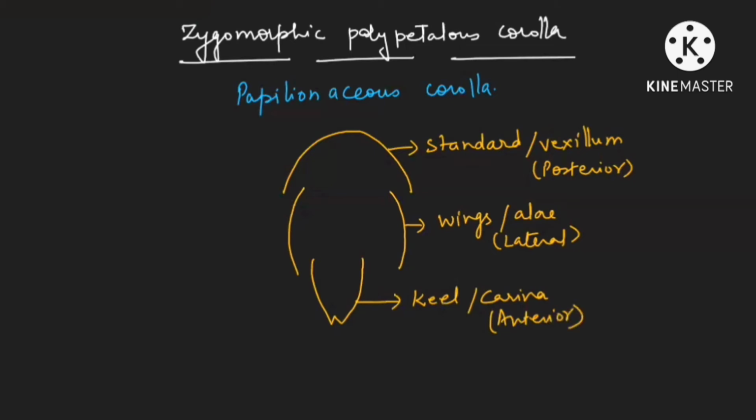Standard is only one, wings are two and keel is also two. So we write it as 1 plus 2 plus 2 fused. This is one petal and this is another petal, and this is the fusion line. This is known as papilionaceous corolla.